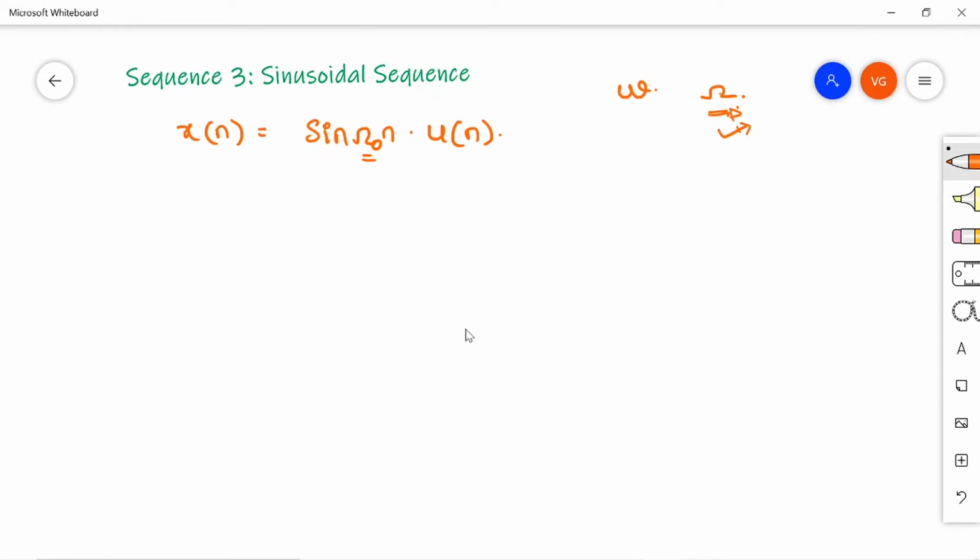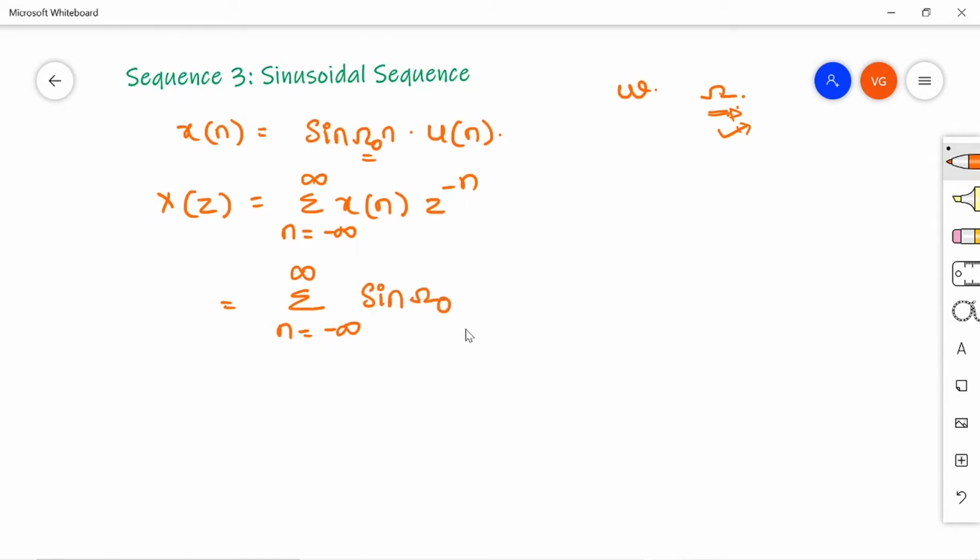Now I am going to find the Z transform of this sequence, where x of z is sigma n running from minus infinity to infinity, x of n z power minus n. So substitute x of n with the required signal: sine omega naught n u of n z power minus n.